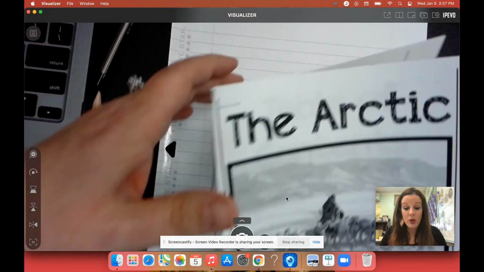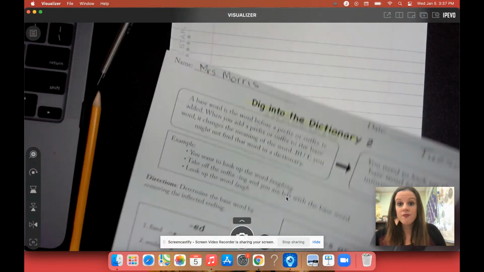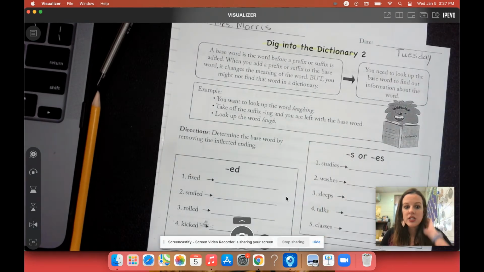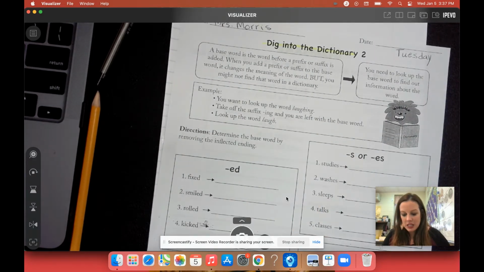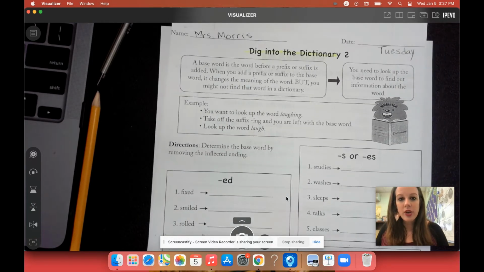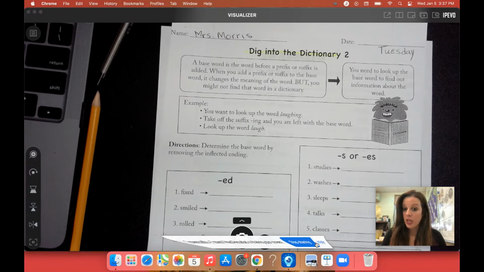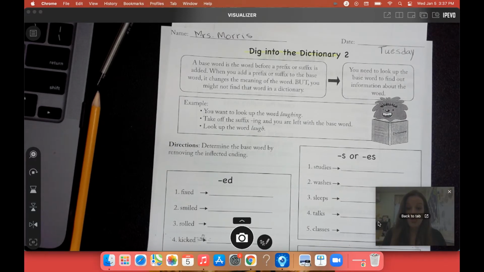Now, we are going to look into the skills that we need to really dig into the dictionary, and we're going to look into the skills that we need to use a glossary correctly. Okay, one thing that you need to learn how to do when you're looking for words in a dictionary, whether you're looking them up in the big fat dictionary book, or you're looking them up online, which I know many of you want to do.